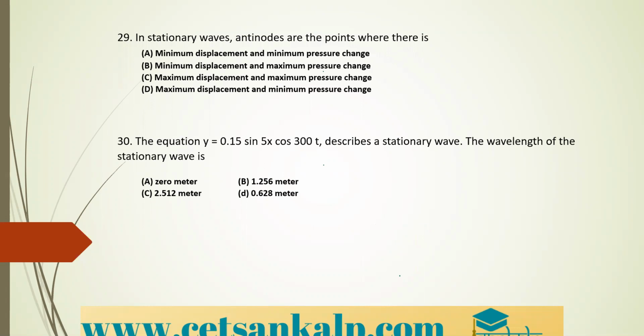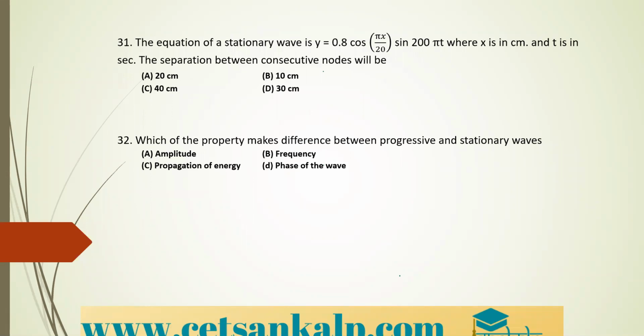Next question. The equation of a stationary wave is y is equal to 0.8 cos pi x by 20 sin 200 pi t, where x is in centimeter and t is in second. The separation between consecutive nodes will be.